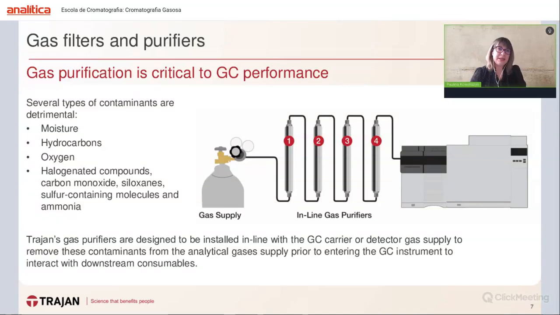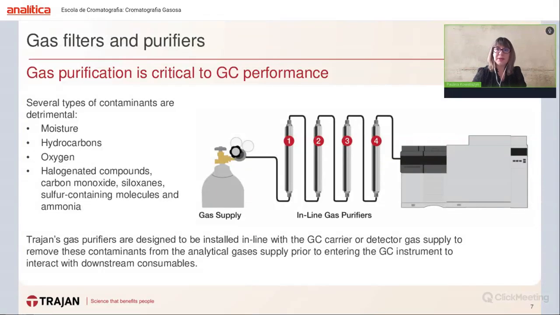So why is it important to have clean gas of high purity in the GC? It is critical to our instrument performance and also to our results. All of the gases can contain some contaminants such as moisture, hydrocarbons, oxygen, halogenated compounds, carbon monoxide, sulfur molecules, ammonia, siloxanes.